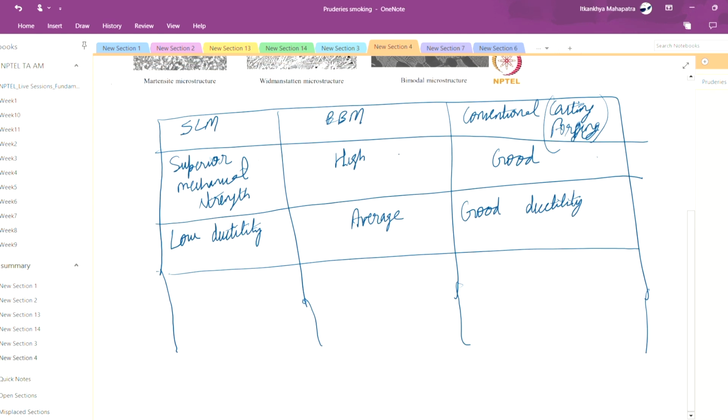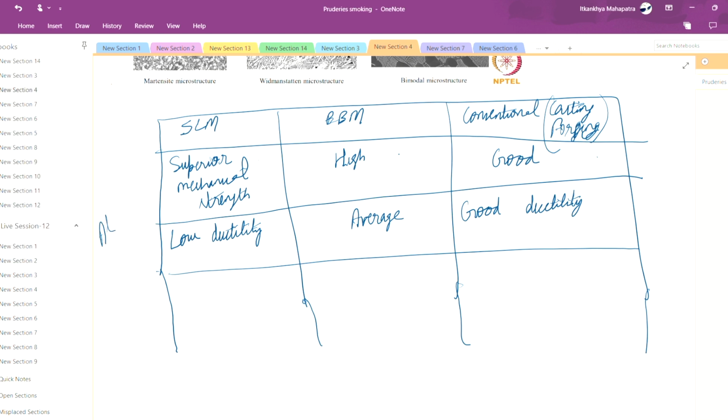Now, suppose let's take an aluminium tensile testing sample. Here it will break after 15 to 16% of strain.